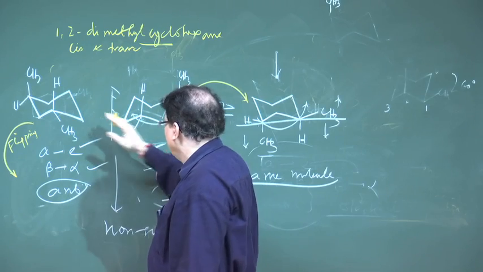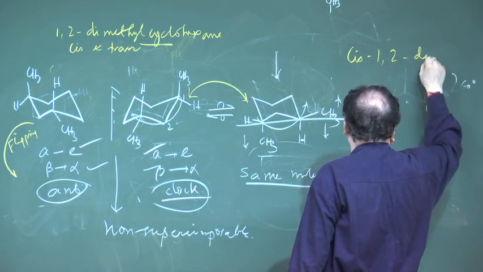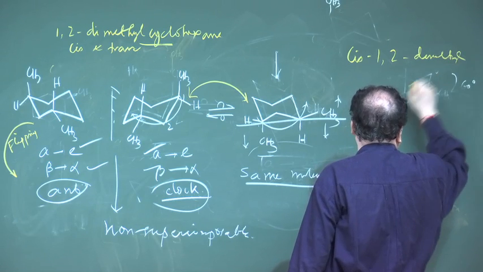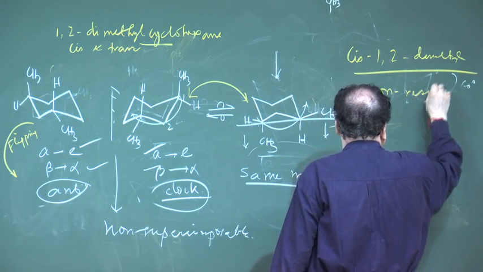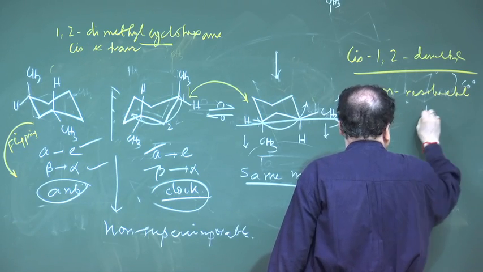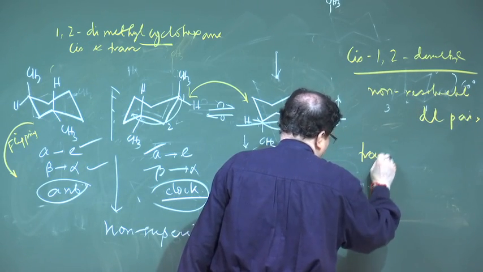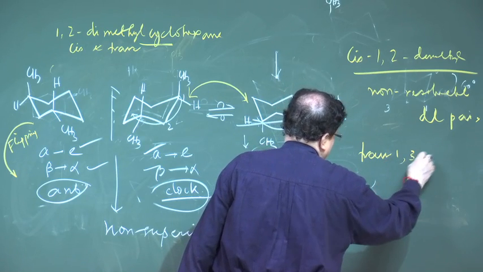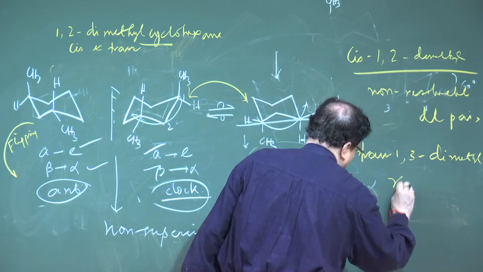Okay. So, now the final conclusion is cis 1,2 dimethyl is a non-resolvable DL pair and trans 1,3 dimethyl is a resolvable DL pair.